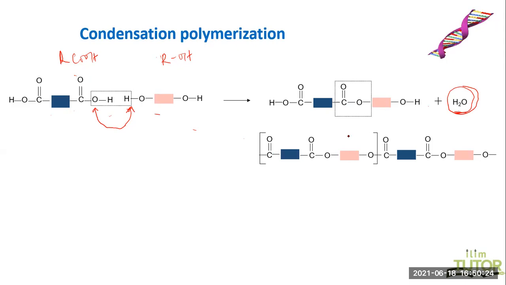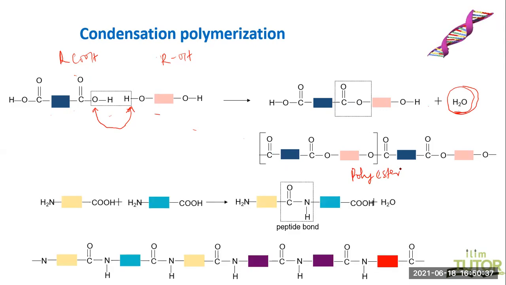This is a typical example of a polyester. This is a polyester, since this is a form of esterification reaction. So we have polyester.